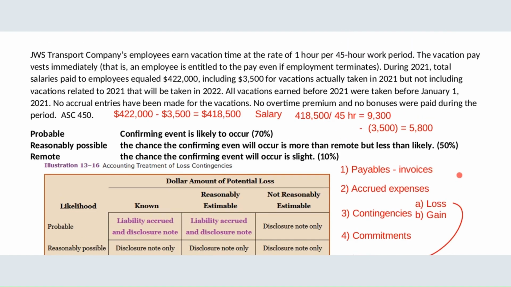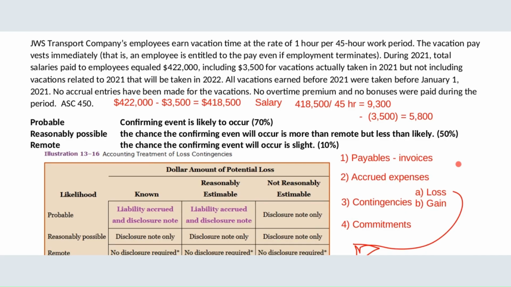All right. Are there any questions regarding compensated absences? You don't have to worry about bonuses. I think your book talks about bonuses, but you don't need to worry about that.